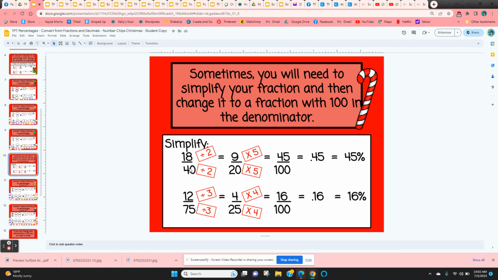So they may have to simplify first. So for example, 18/40ths, if they simplify by dividing the numerator and denominator by 2, they get 9/20ths. Now they can convert it to a fraction with 100 in the denominator by multiplying numerator and denominator by 5. Then they just convert to a decimal and to a percentage.